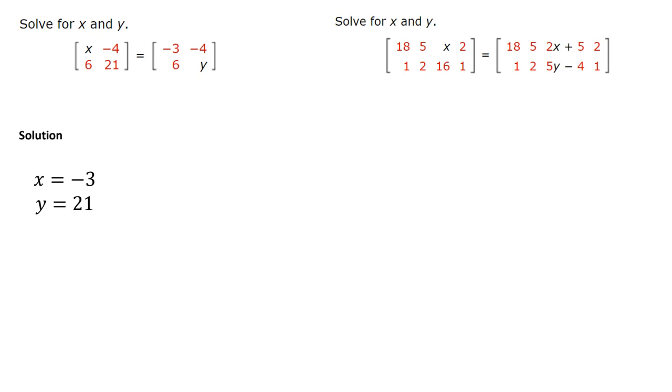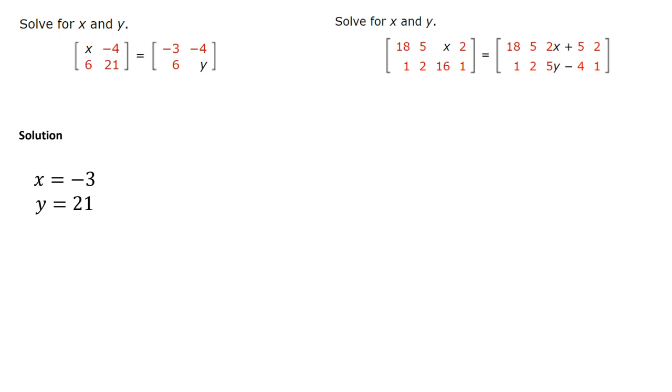All right, so now our second example is a little bit more complicated. They want us to do a little bit more work. For these two matrices to be equal to each other, they have to have the same elements in both. So we have an 18, 5, and x on one side, but for the x here, we have 2x plus 5.